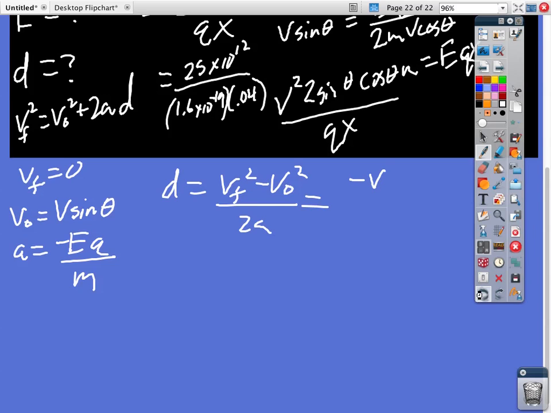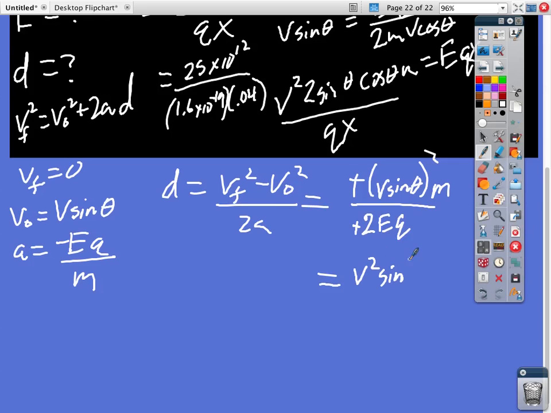Let me plug everything in. Negative V sine theta over 2EQ, and then put an M up there. Isn't it negative too? Yeah, it is. Thank you very much. Which will cancel that negative there. And so we get V squared sine squared theta M over 2EQ.